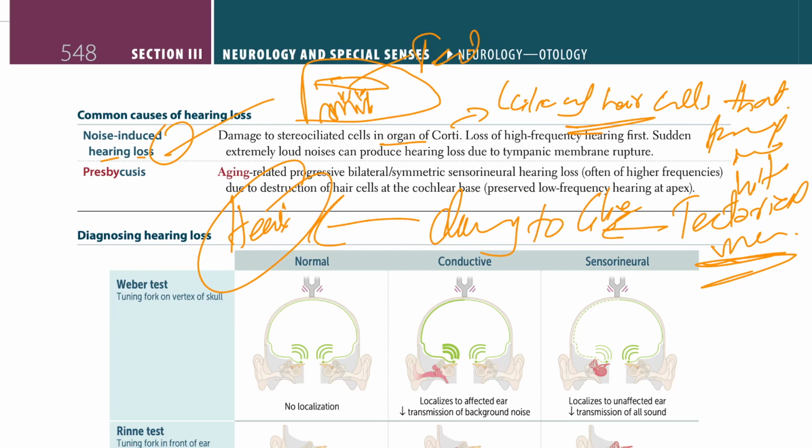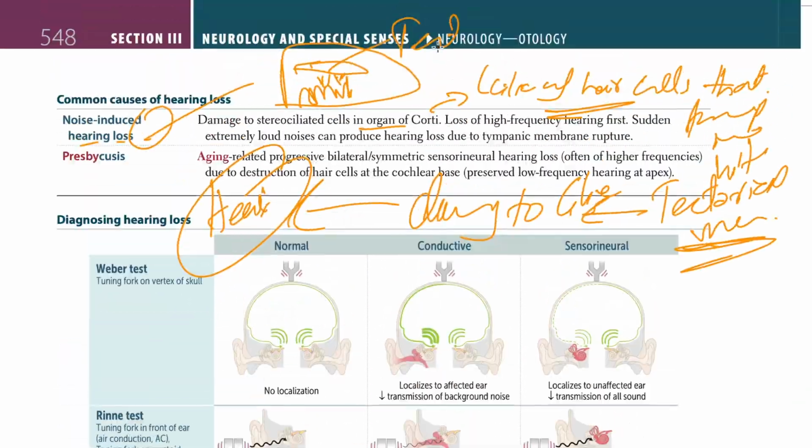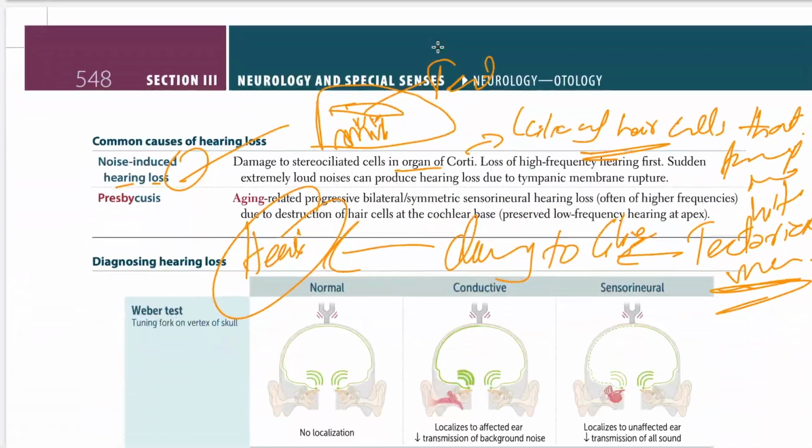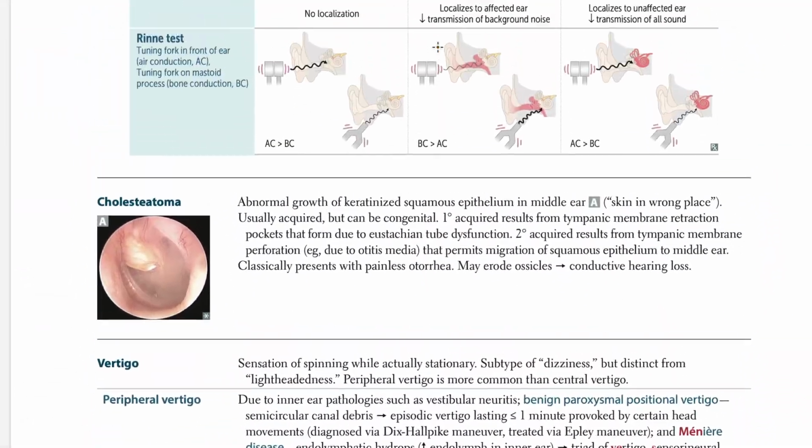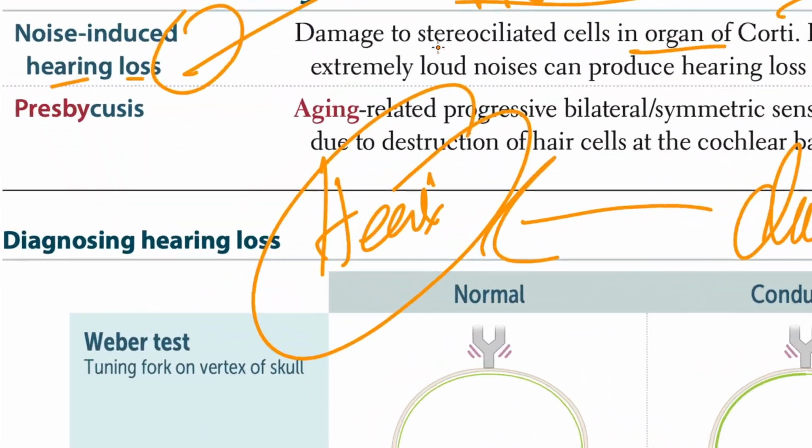Actually, let's talk about the full thing, because if I even talk about it, you would not understand what I'm saying here. So let's talk about how the whole sound is perceived and how it is transmitted.